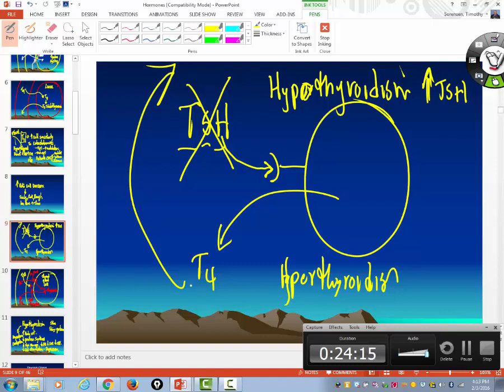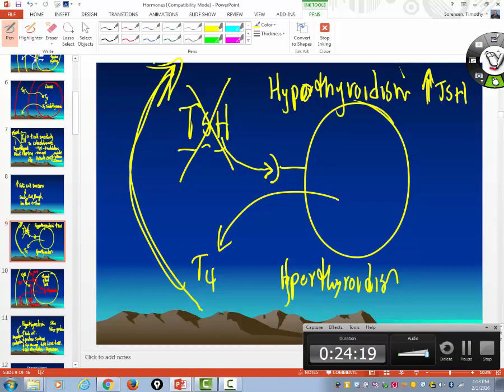And that elevated T4 and T3 is going to feed back on the pituitary gland and say, don't release any more thyroid stimulating hormone. So hyperthyroidism, too much thyroid, that's going to feed back on the pituitary and stop the release of TSH.